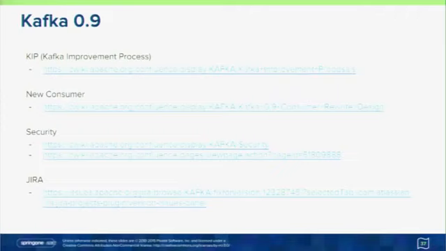So the 0.8 to 0.9 upgrade, at this point, should really be in place. You should stop a broker, start the broker, and it starts up. Even if the wire protocol changes, the wire protocol is versioned, so you can still have different parts of the system talking at different versions at different times. Once all those new brokers are up, you can go ahead and roll out your new consumers and everything else.